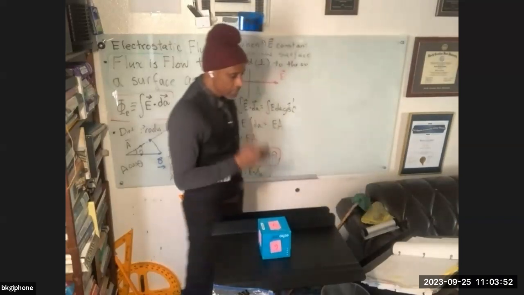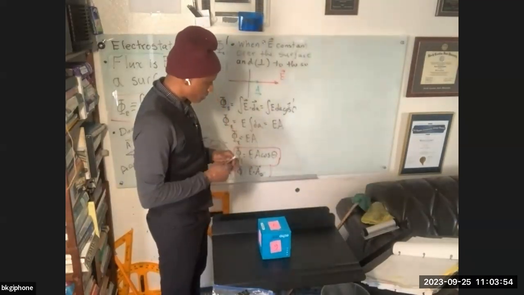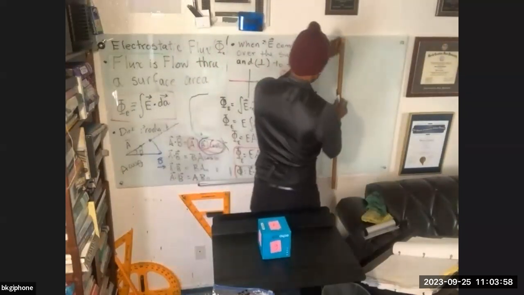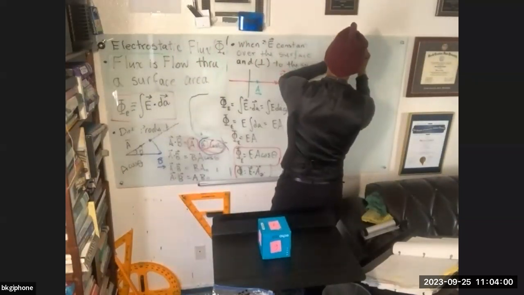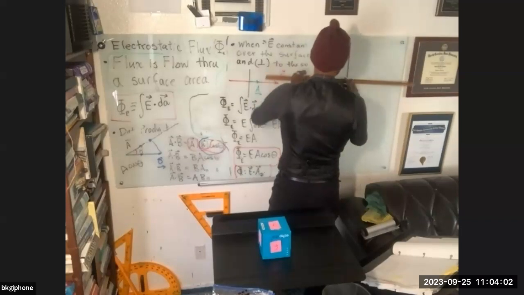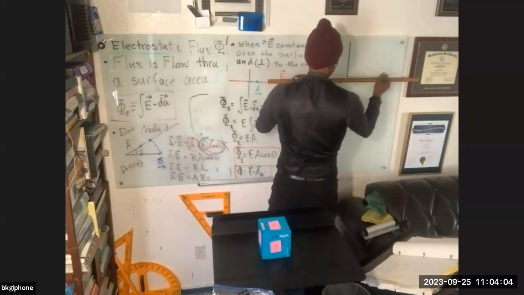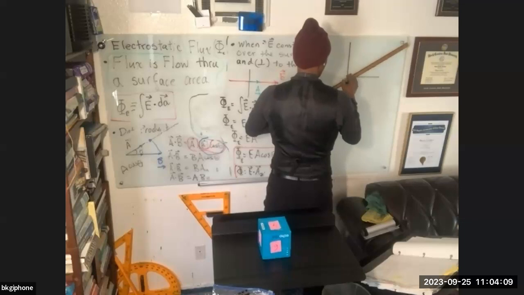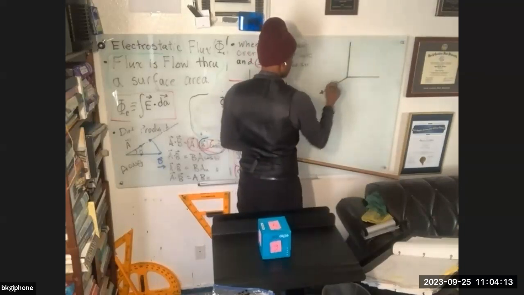Now, here we have to put some direction on this. So let me make a three-dimensional coordinate system like so. And I'm going to do it so that I take this box and put it right in the corner, so that one edge is at the origin 0, 0, 0.